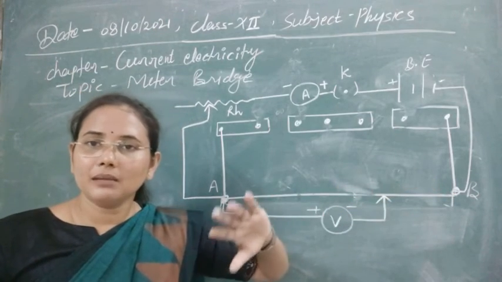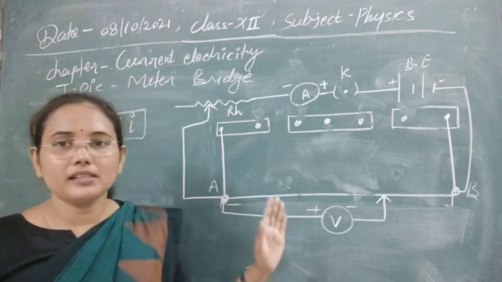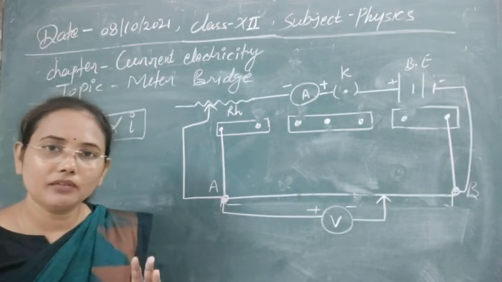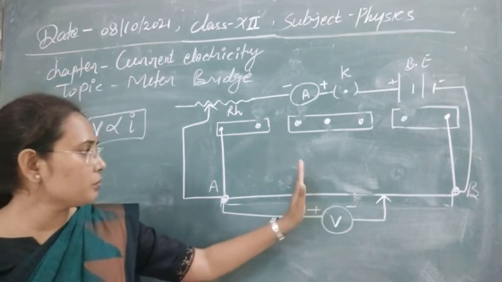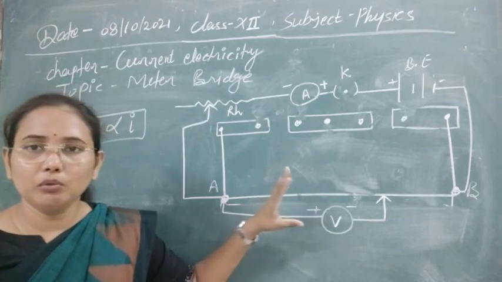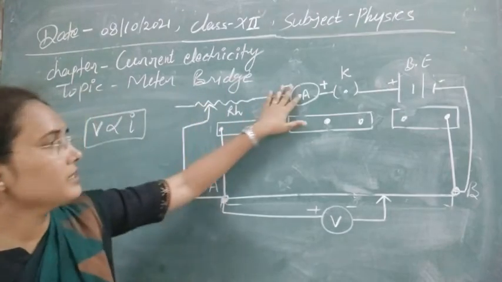So up to 100 centimeter we can choose any length to find out the resistance. Suppose you are choosing 20 centimeter, 30 centimeter or so on. If you have to find out the resistance of the wire of length 30 centimeter, just put the jockey at 30 and hold it here. Don't move your hand from there, and now do the procedure that I have told you.